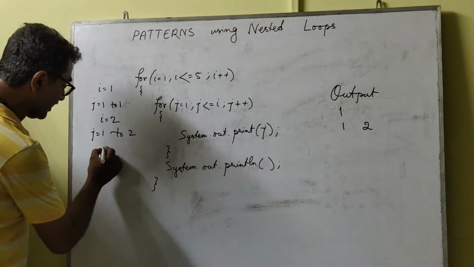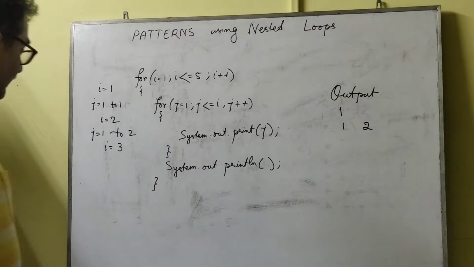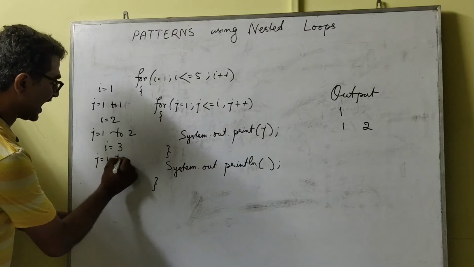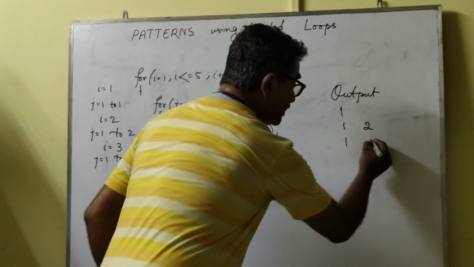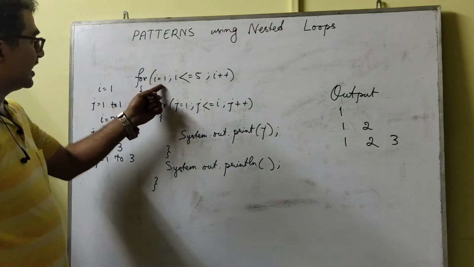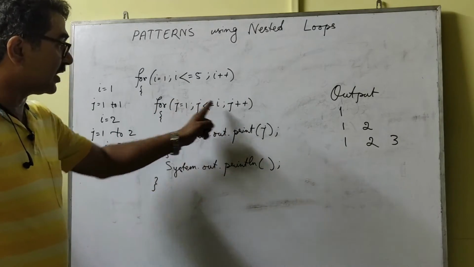Now again the value of i will be 3. And j will restart from 1 till i, that means till 3. So print j is going to definitely print 1, 2 and 3. So I believe you can guess what is going to happen next. Next time the value of i will be 4. So this loop is going to run from 1 to 4.